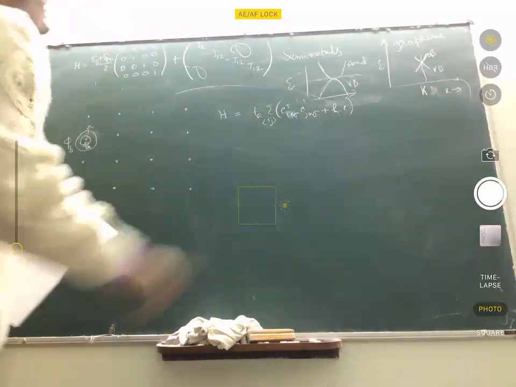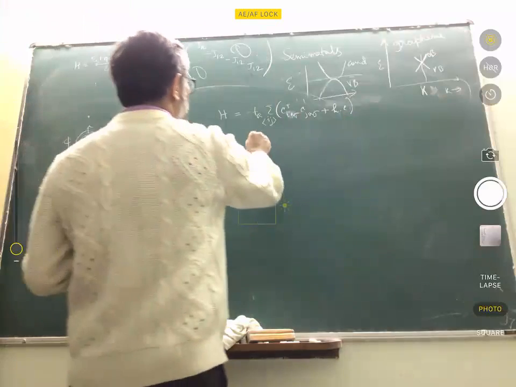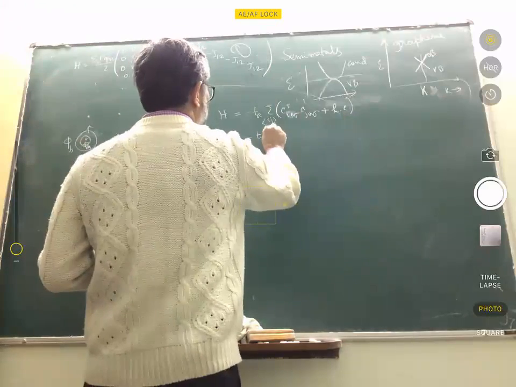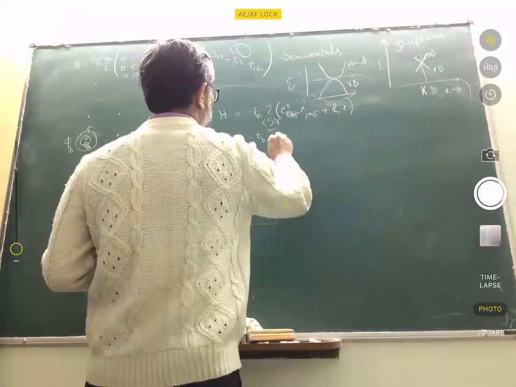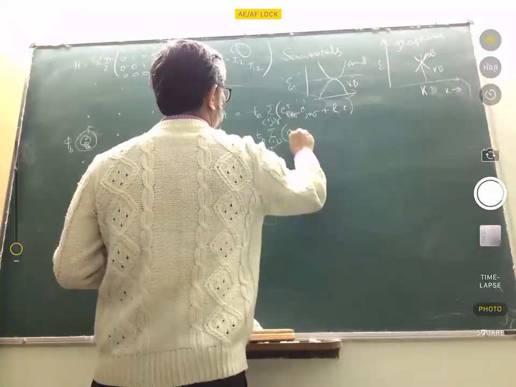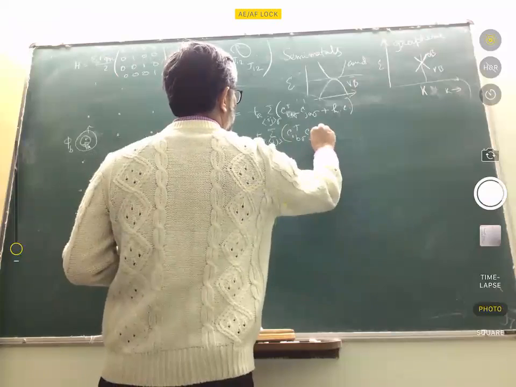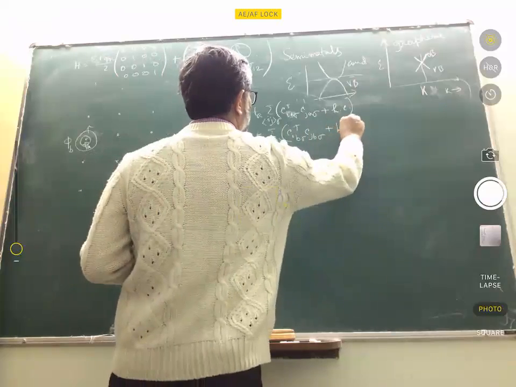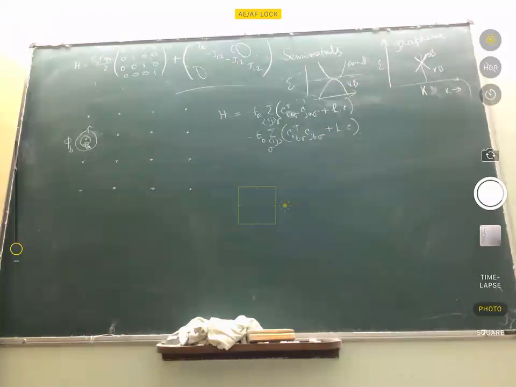The other hopping term just happens to be the Hermitian conjugate of that, minus B. Okay, so these are the two types of hopping terms that we have.